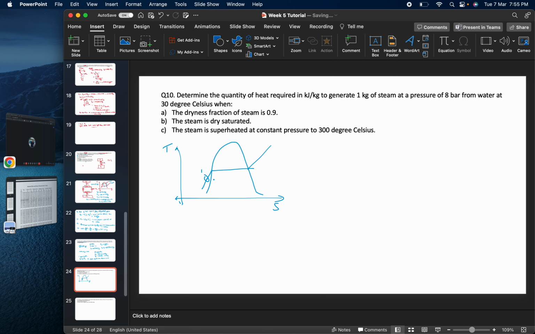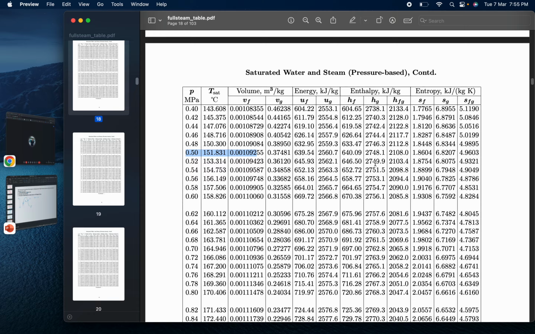State 2 in case A is here, in case B it is here, and in case C here. We need to calculate the change in enthalpy basically, so for that we need to calculate H1. Since it is a liquid phase, we will look at the compressed liquid state at 8 bar and 30 degrees Celsius.